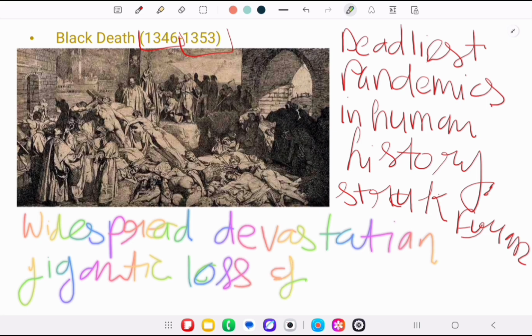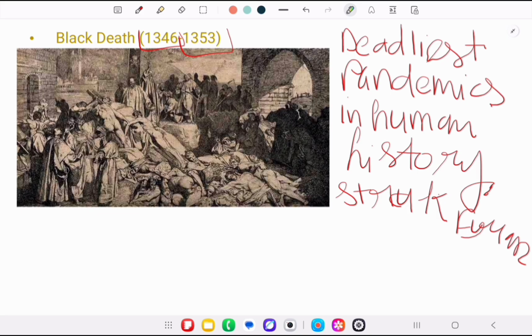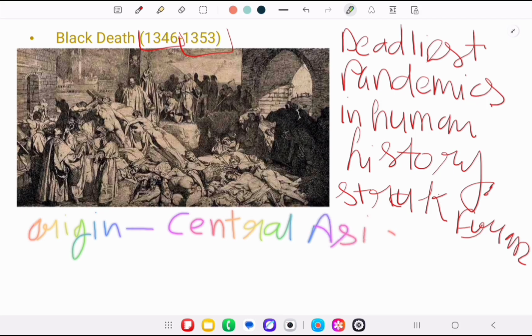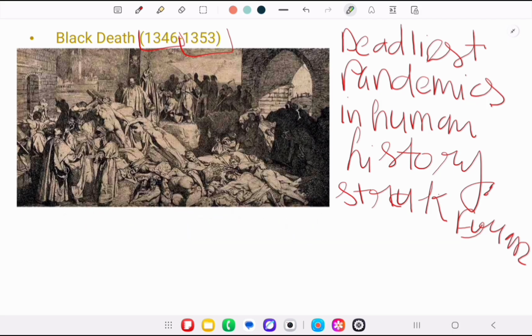It is believed that the pandemic originated in Central Asia. From there, the disease spread speedily along trade routes, reaching Europe in 1347.